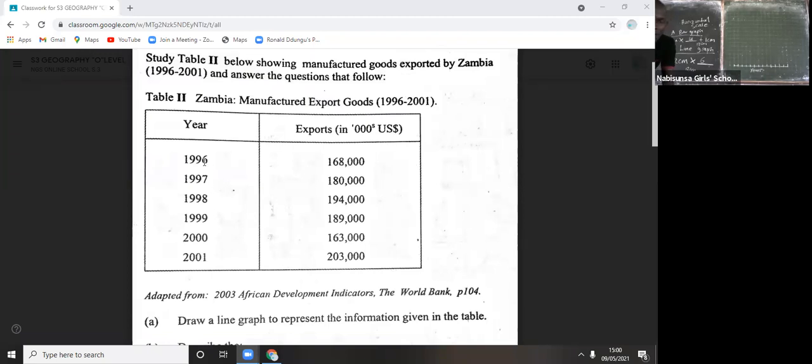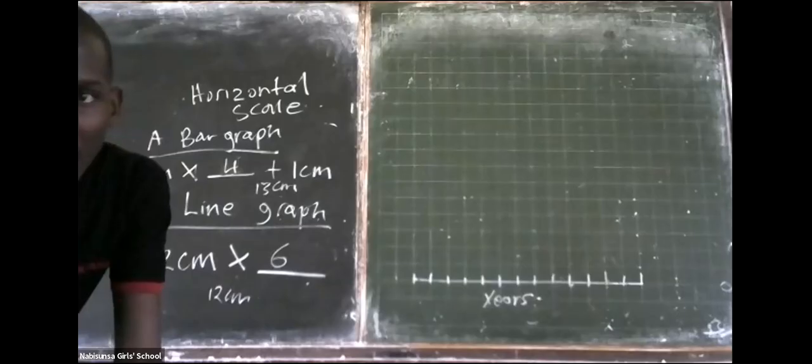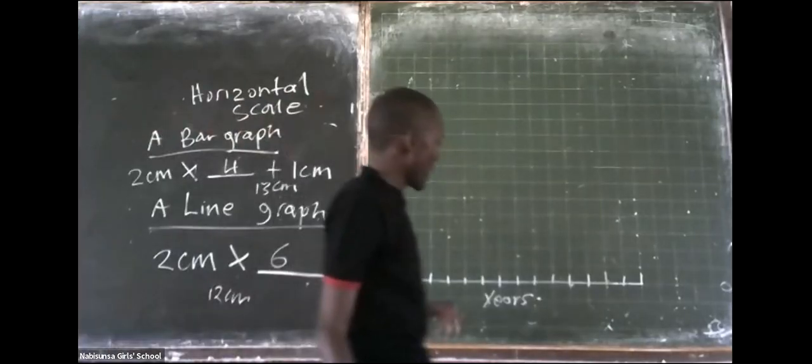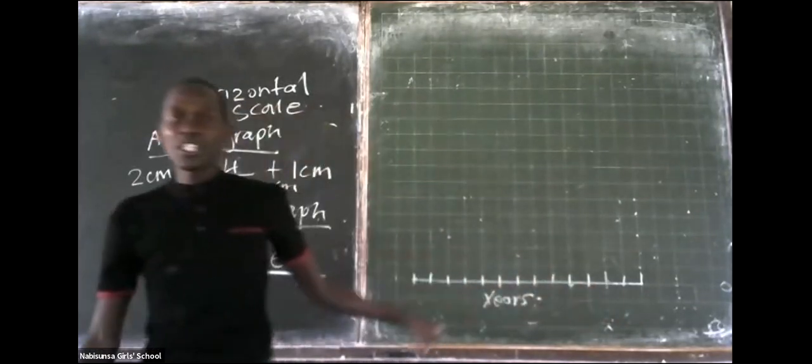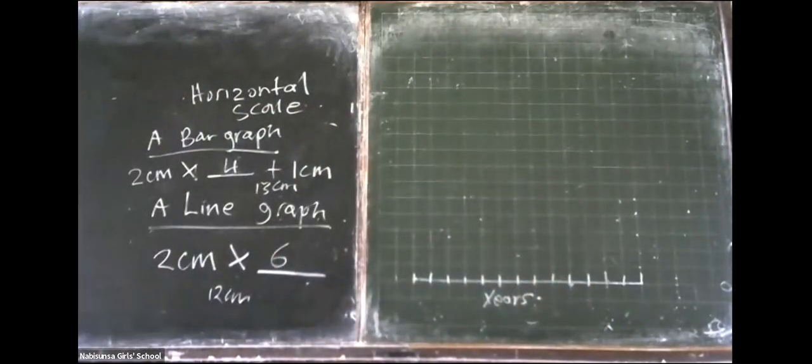Here we are having 6 times 2, that is 12 plus 1. So it means here we are going to use 13 centimeters. Are we all on the same board? Yes, teacher. Now let us go to the next thing.